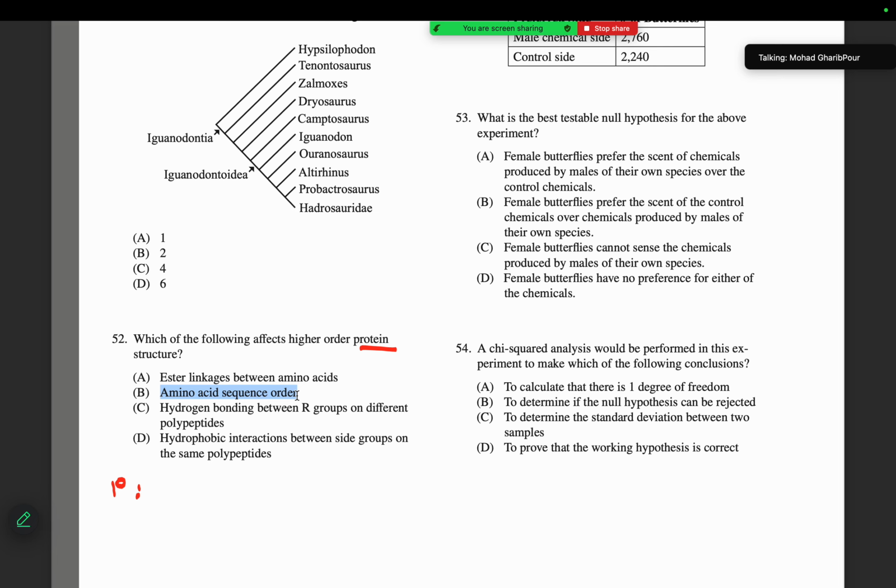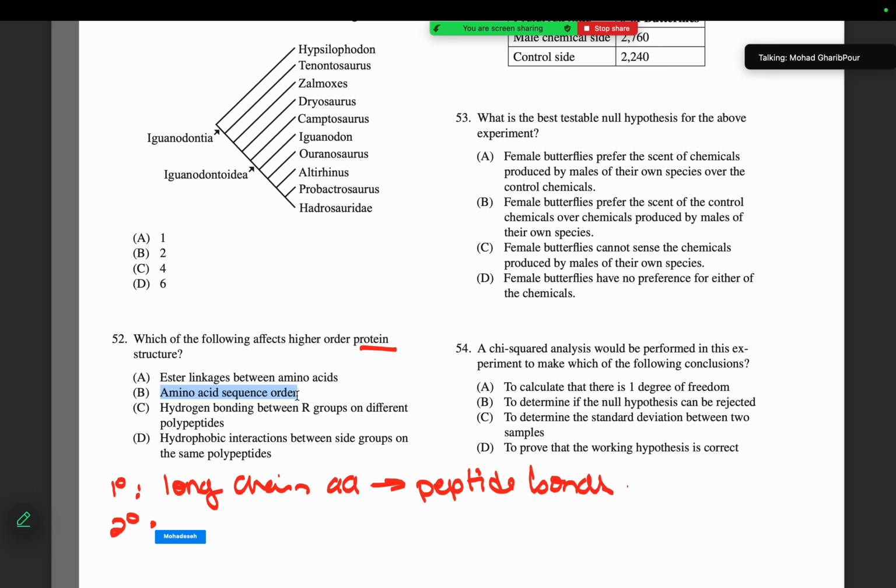What's considered the primary structure? It's just a long chain of amino acids. So what brings those amino acids together in a long chain? What kind of bond? Peptide bonds. You guys need to know this. So primary structure is determined by peptide bonds.